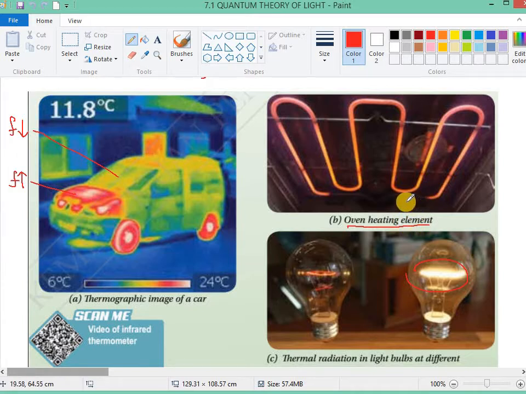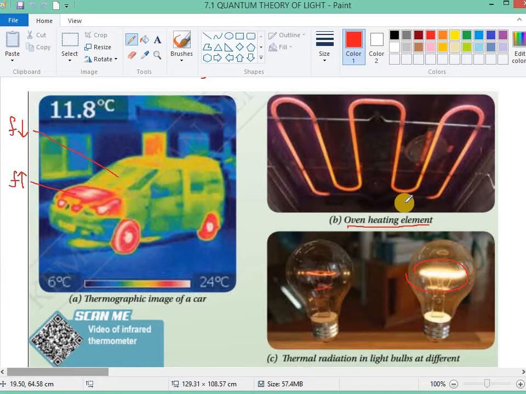When the object's temperature is higher, the frequency of oscillation of the particles will be higher. That means the electromagnetic radiation emitted will be at a higher frequency.